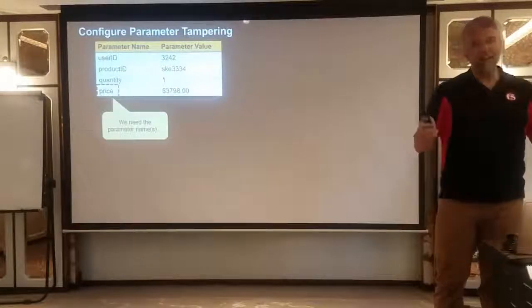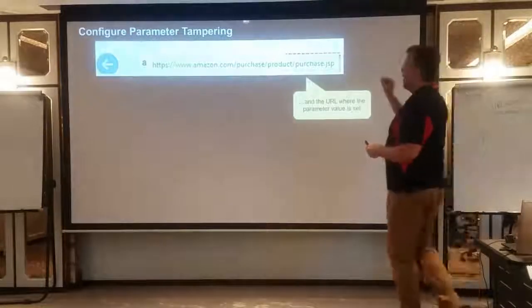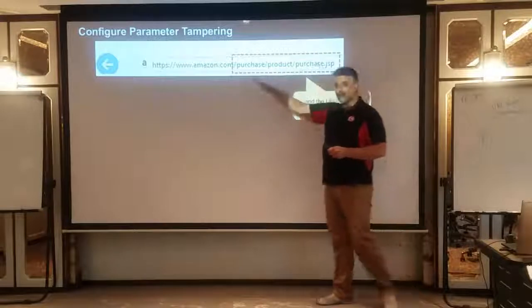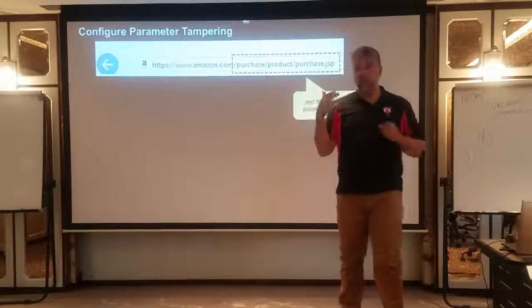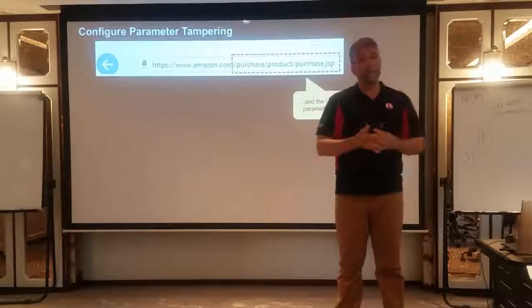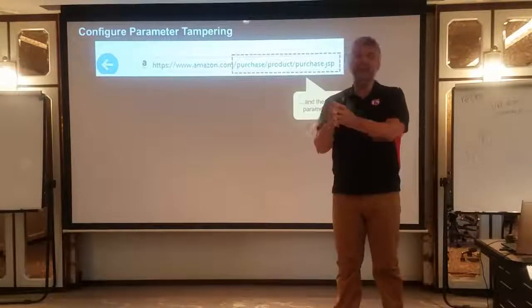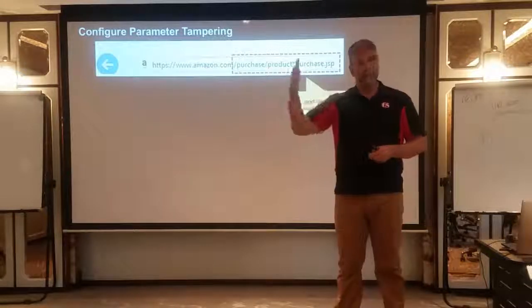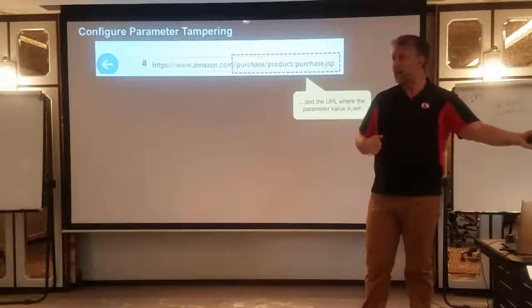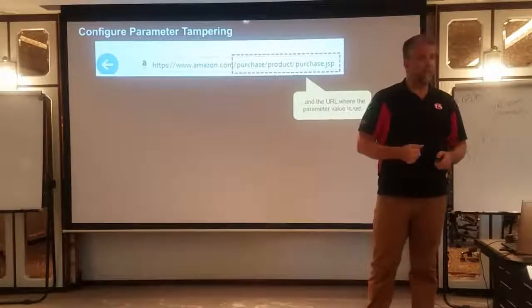It doesn't know everything. So it does need to know what page in the website does that parameter value get set by the user. When does that parameter value get created? ASM needs to know that so it can identify if the value was changed between the moment it was set and when it arrives at BIG-IP, at ASM.